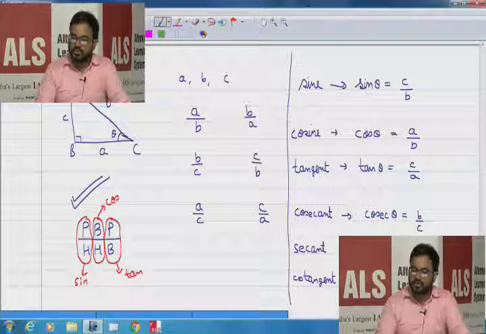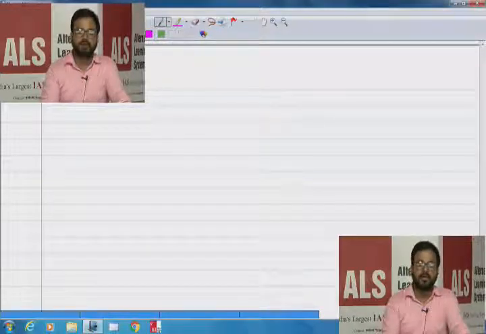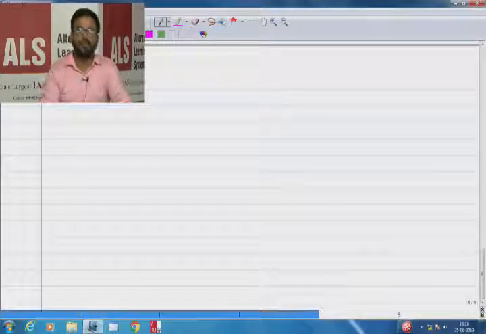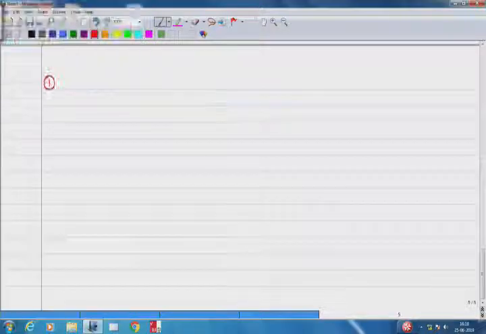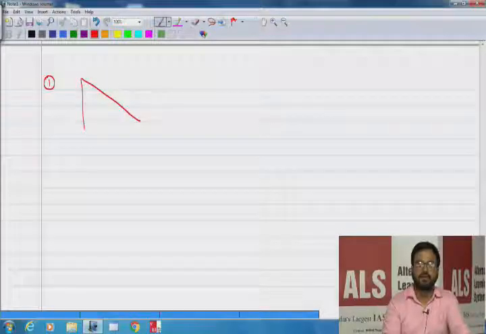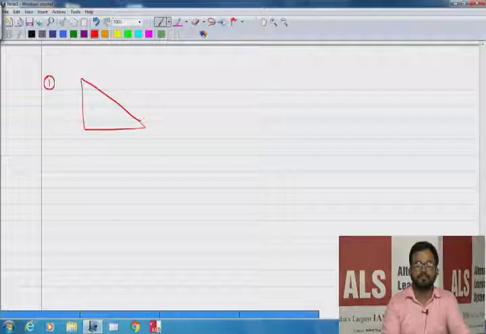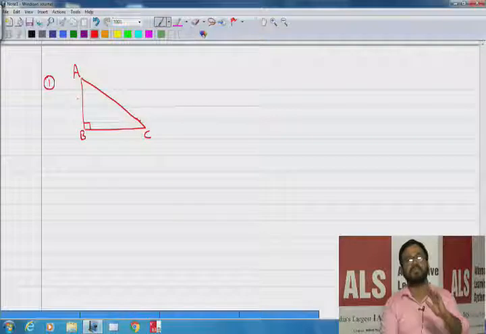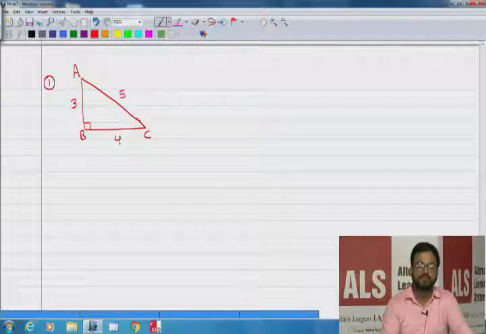So, for a very basic question, suppose I give you a right angle triangle ABC, and the sides are given: this is 3, this is 4 and this is 5.